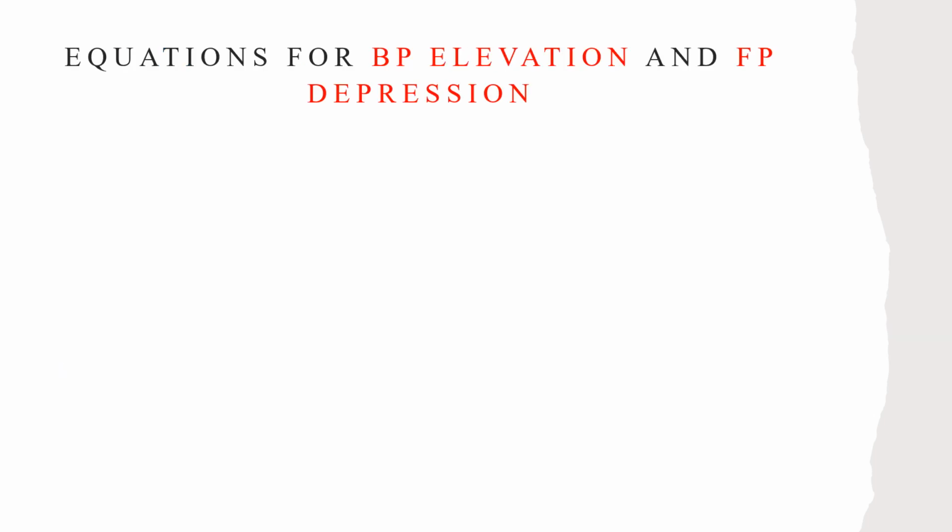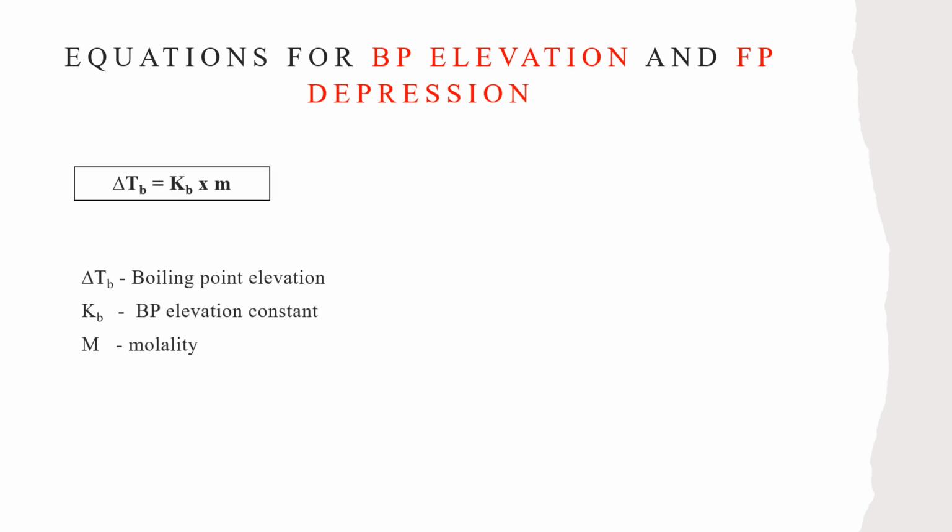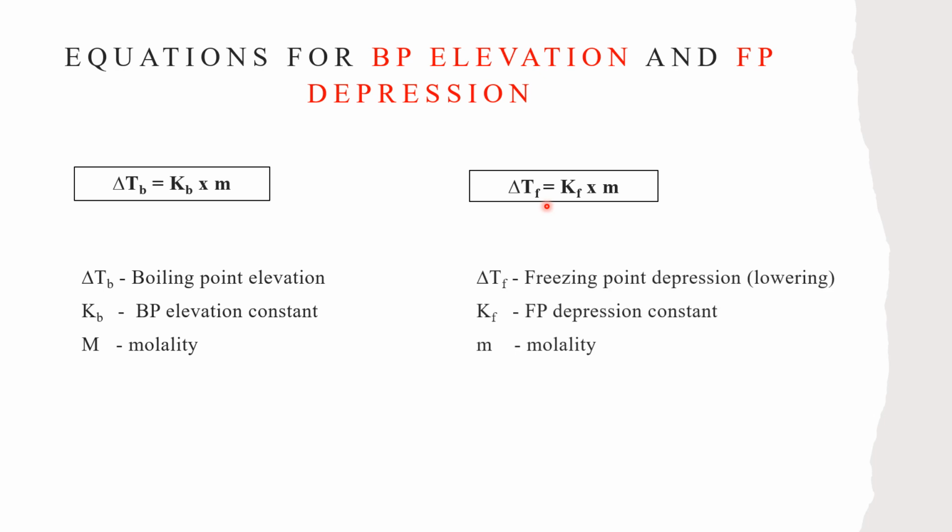Equations for boiling point elevation and freezing point depression. The first equation is for boiling point elevation. You can see delta T_b is the boiling point elevation, which is equal to the boiling point elevation constant K_b times m. M we call molality. In the same way, the freezing point depression, or freezing point lowering, is equal to the freezing point lowering constant times molality.